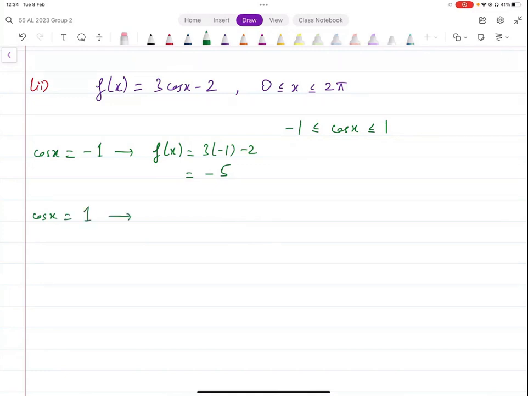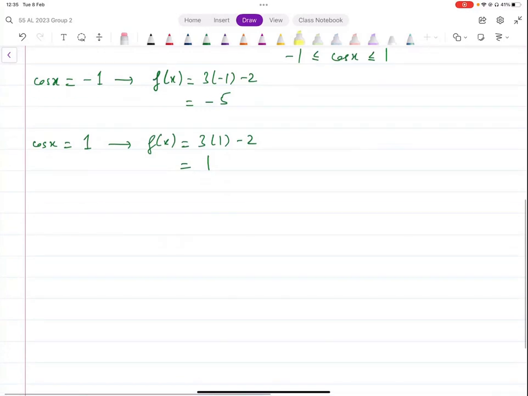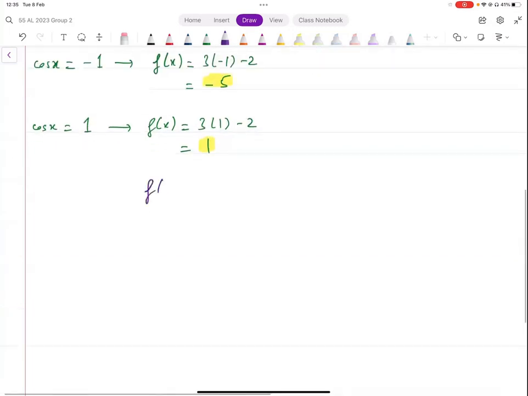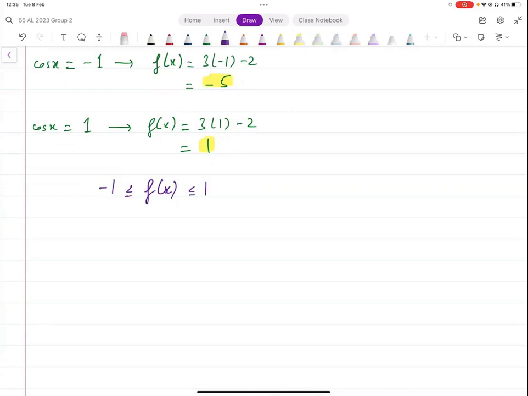When cos is 1, the value of the function is 3 into 1 -2, and that is 1. So the function is going to be between -5 and 1. The range of this function is -5 and 1.